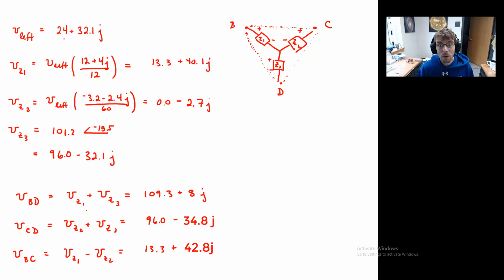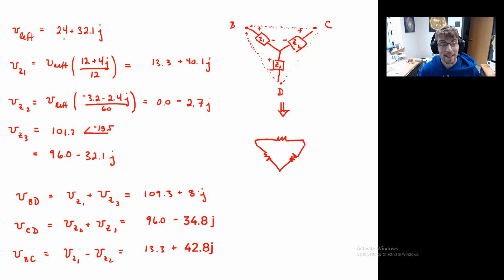And so now we can get rid of the Y. Essentially, now that we have these drops between BD, CD, and BC, we can get rid of that model of the Y and go back to our delta model. You can start modeling it like this again.